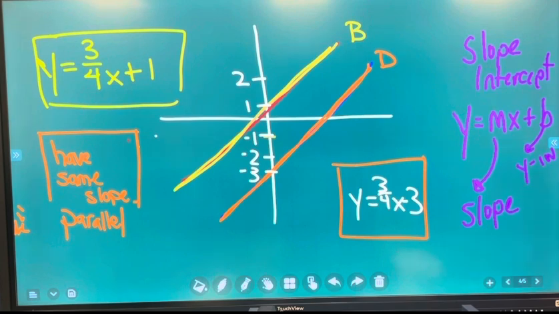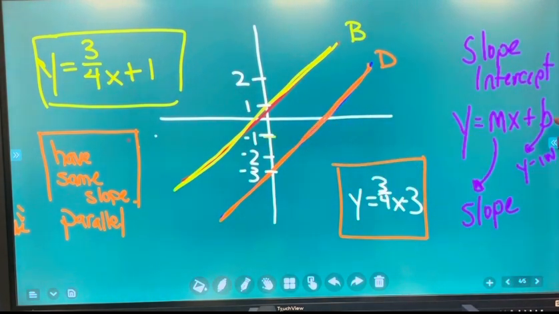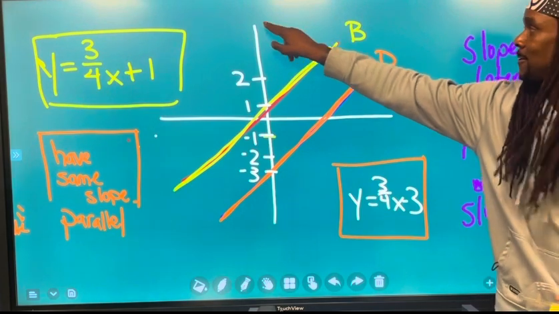In every equation, it's going to come to this format: y equals some type of fraction or number, x, plus wherever it crosses the y-axis. The number before the x tells you the slope. The last number is always where it crosses the y-axis.